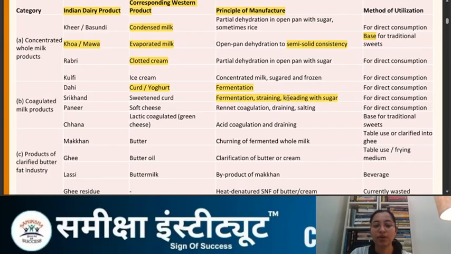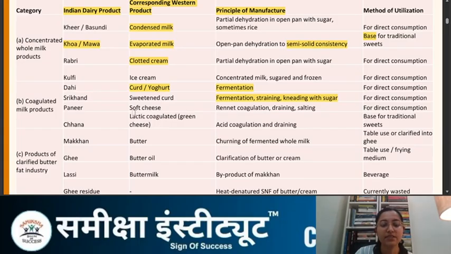These things are important, and sometimes this can be asked. You need to remember the definition and the principle of manufacturing. Based on this, you can easily decipher which kind of product is being asked in the exam.